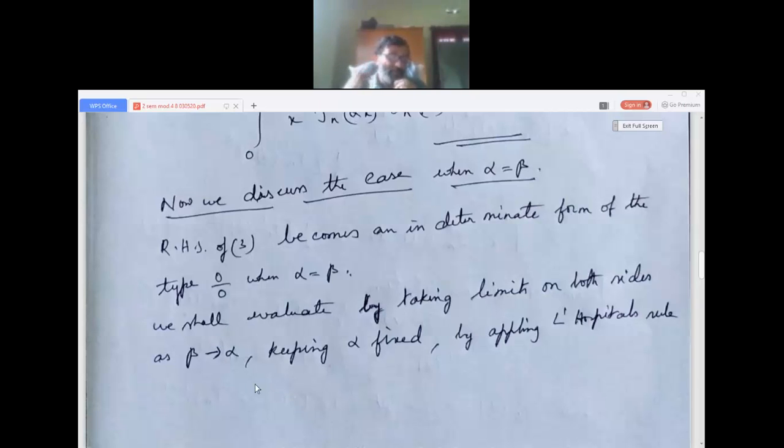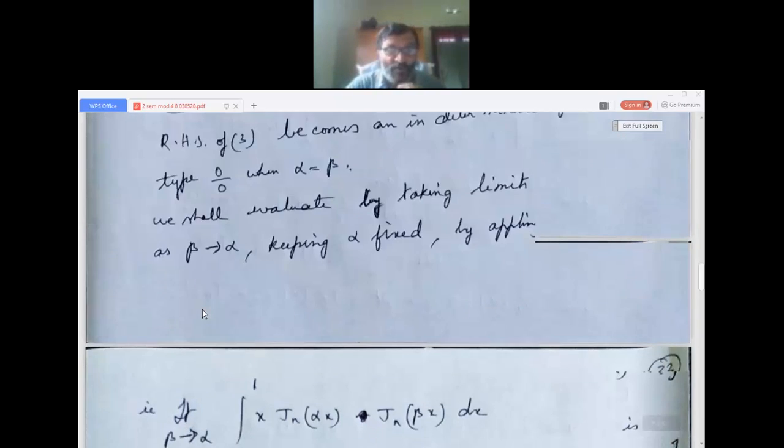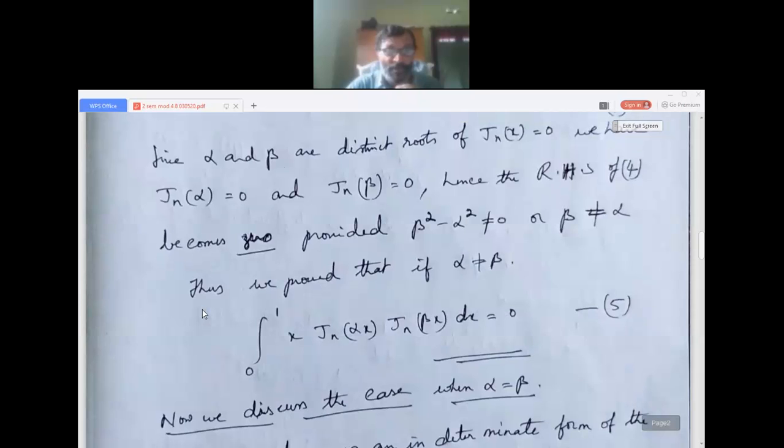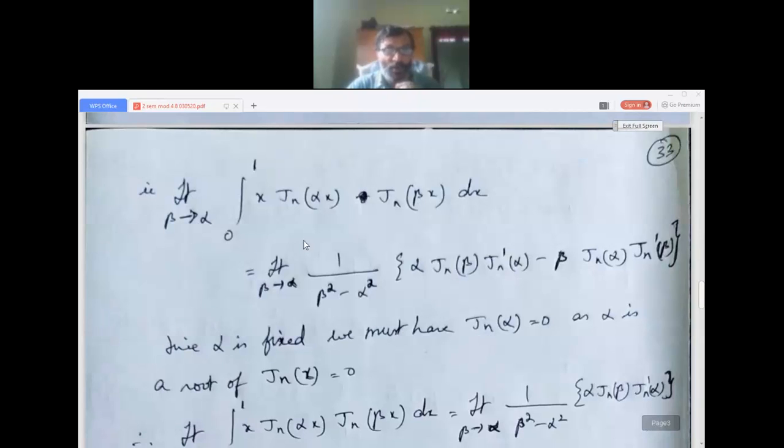When it is 0 by 0 form, we apply L'Hospital's rule, differentiating numerator and then differentiating denominator. So now, limit beta tends to alpha, apply here in 4, the integral from 0 to 1 of x Jn(alpha x) Jn(beta x) dx, in 4, not 3, it is 4.